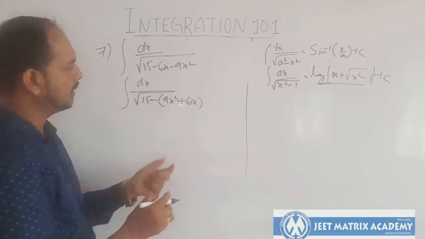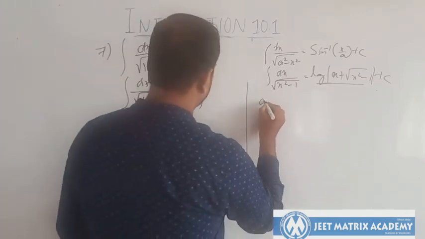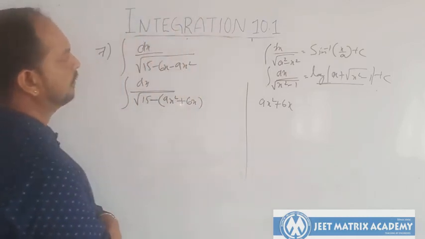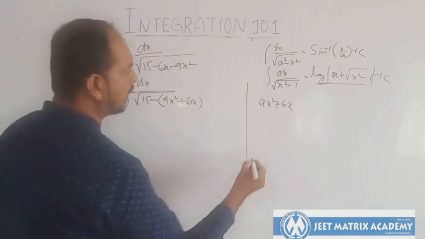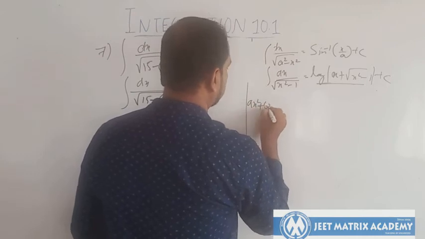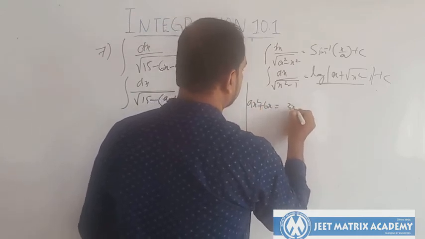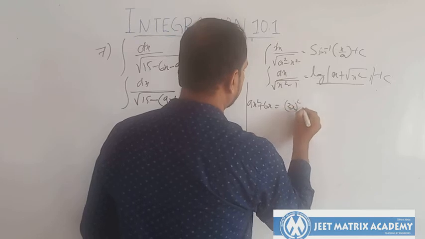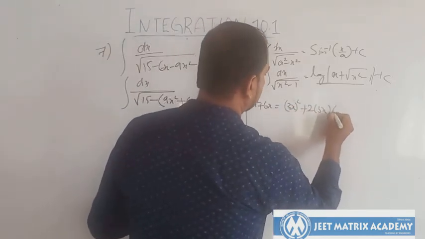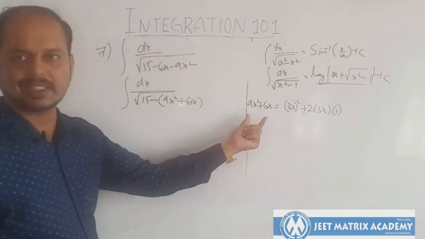Now I'll consider only this part, 9x square plus 6x. So I'll rewrite 9x square plus 6x as 3x whole square plus 2 into 3x into 1, so it is 6x.